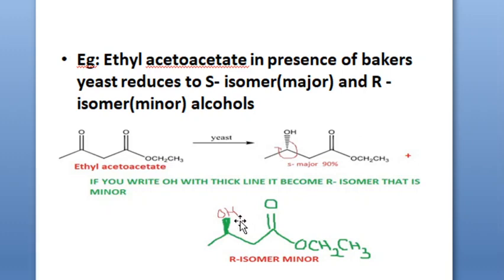The OH with thick line is the R isomer and the OH with dotted line is the S isomer. So you get two stereoisomers as products, and they are enantiomers. One of the enantiomers is in excess and obtained as product. So there is selectivity in terms of product, and you can say there is product stereoselectivity in the reduction of ethyl acetoacetate by Baker's yeast.